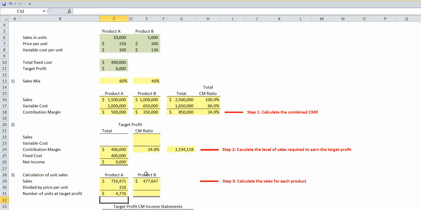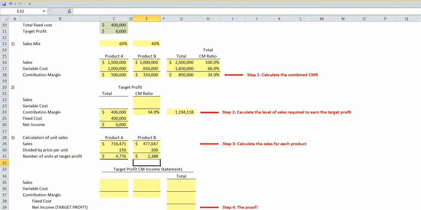For product B, we're going to divide our total sales by the $200 sales price, and we get a target profit level of sales of $2,388,000.